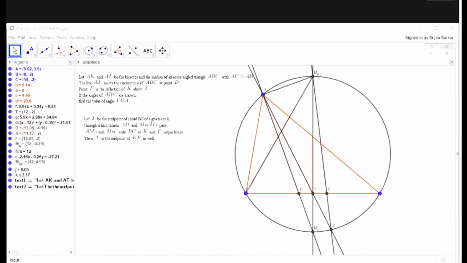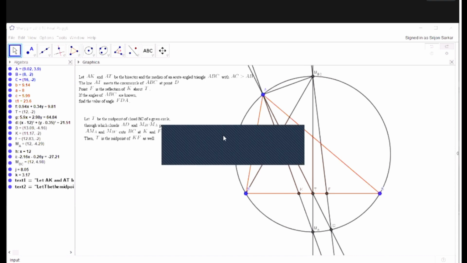So now we will try to solve a problem using reflection and symmetry arguments. I'm sharing the screen. I have limited time in hand, so I had to exclude those.